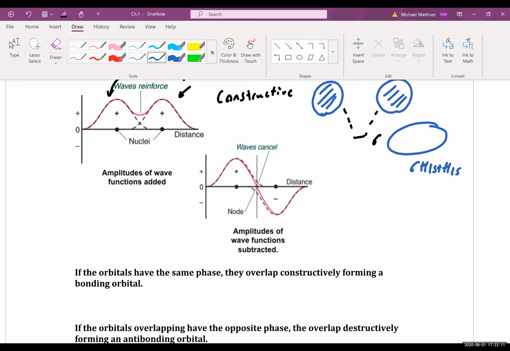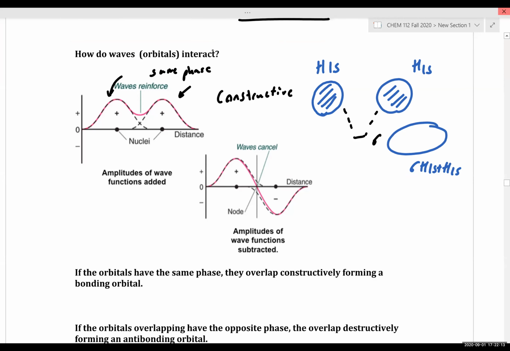The alternative way orbitals can interact is known as destructive interference. This occurs when we have two orbitals with opposite phase attempting to overlap. This in turn leads to destructive interference and generation of a node, a region with no electron density.